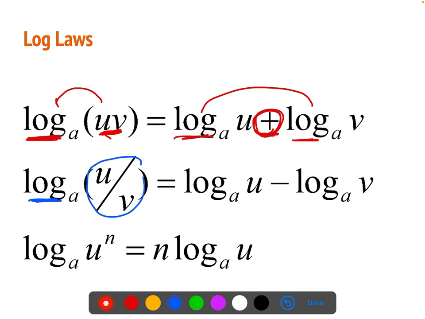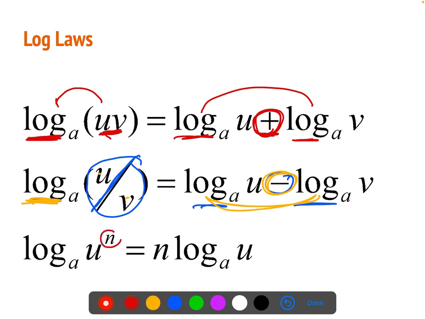Goes the same for division. If you have the word log with a division, you can split that apart into more than one word log with a minus sign. Or if you have the minus sign, you can smush those together with a single word log and a division.